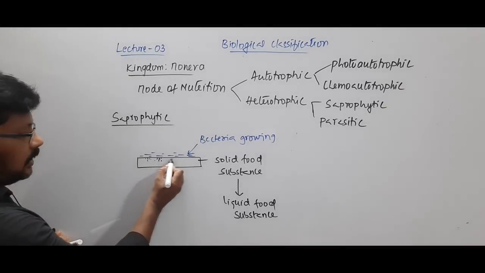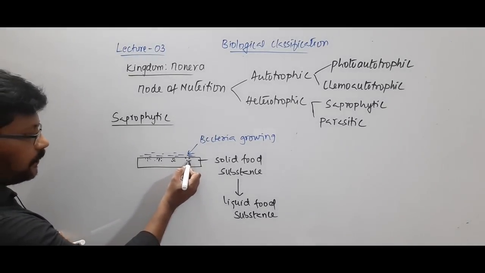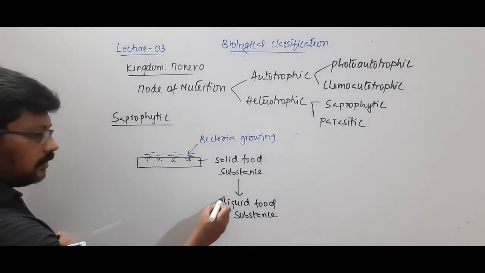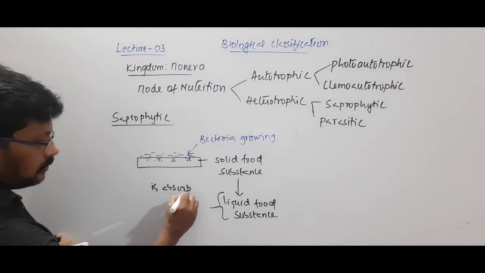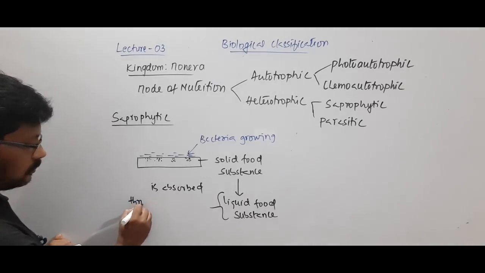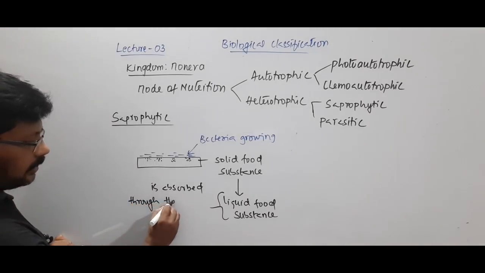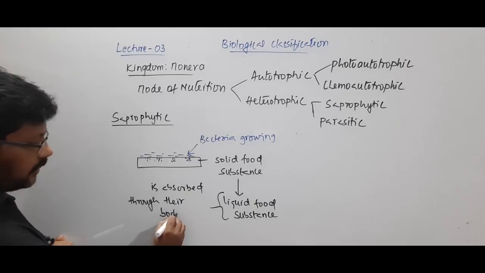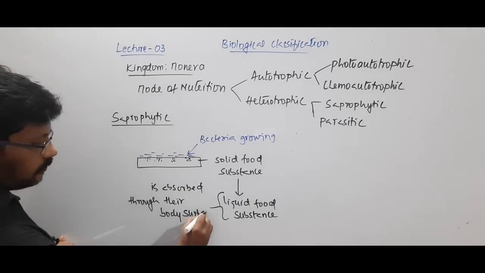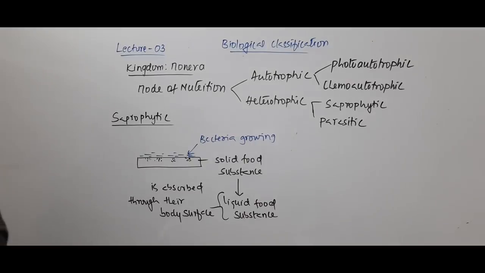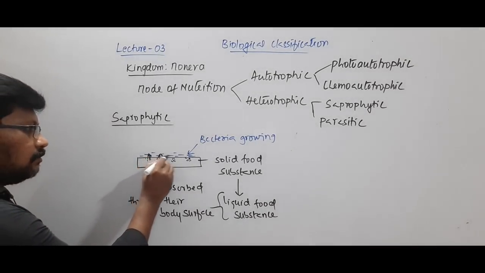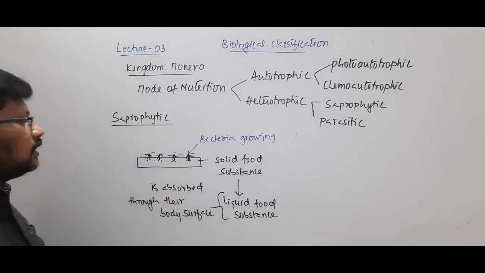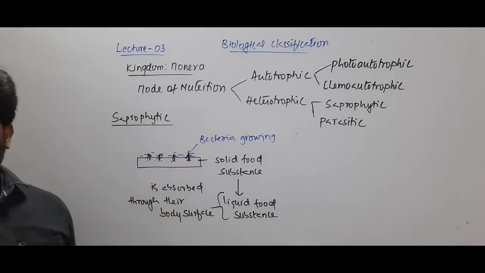Now this liquid food substance is absorbed through their body surface. So they absorb this liquid through their body surface. This mode of nutrition is what we call saprophytic.